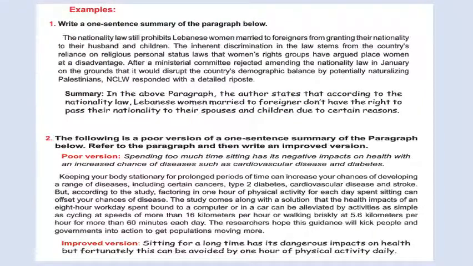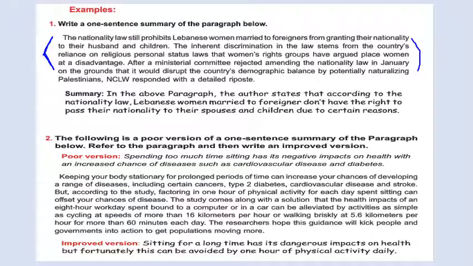Example: Write a one-sentence summary of the paragraph below. I talked about how Lebanese women are prohibited or not allowed to give their citizenship to their children. They wrote very elaborate terms, etc. I just took the main idea.